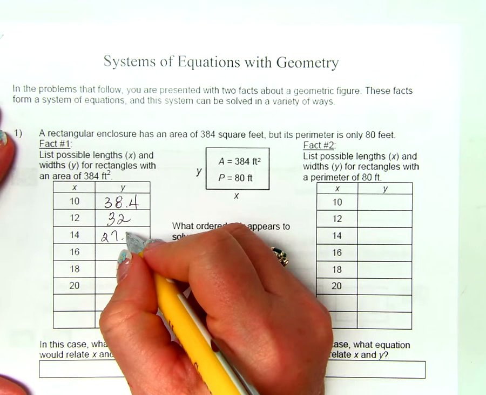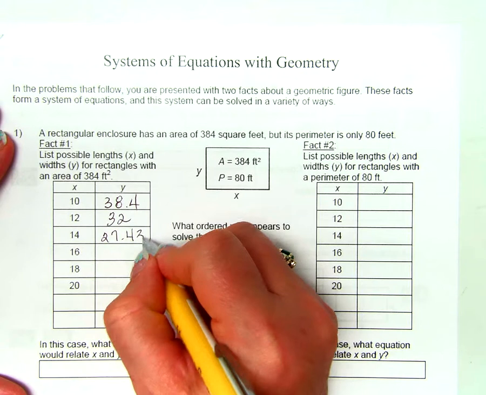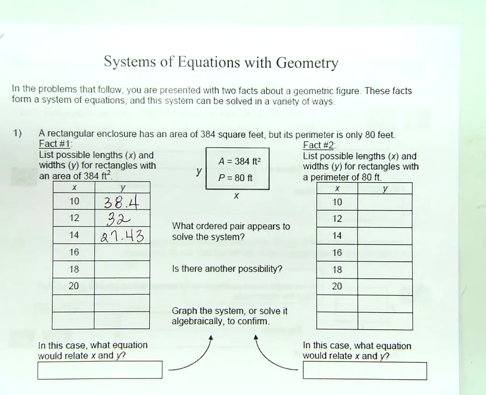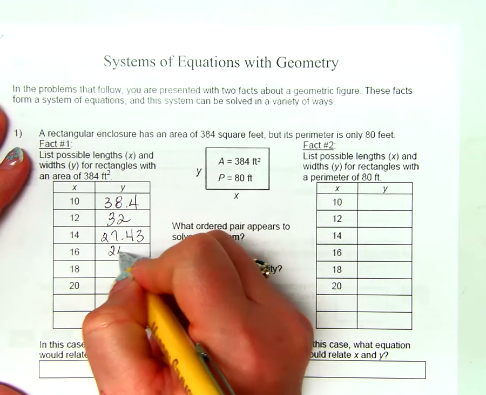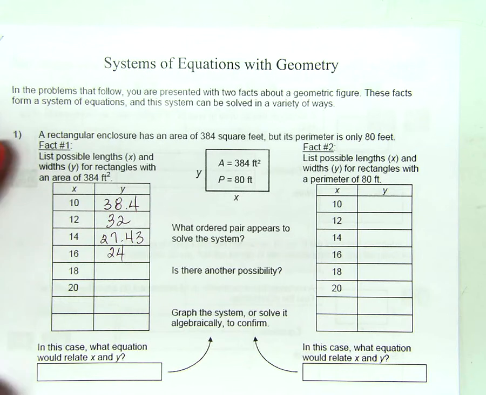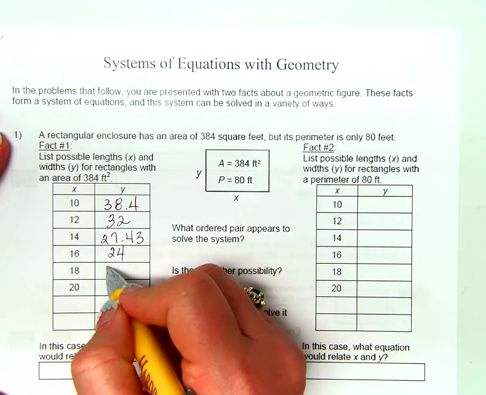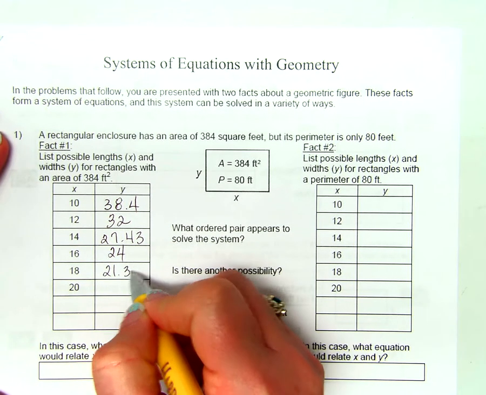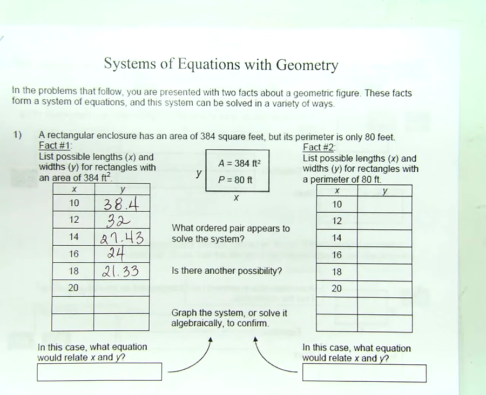So how about if we say 27.43? Would that work? Okay. What about 16? If x is 16, what is y? Somebody else. 24. Good. What about if x is 18? So 21.33.